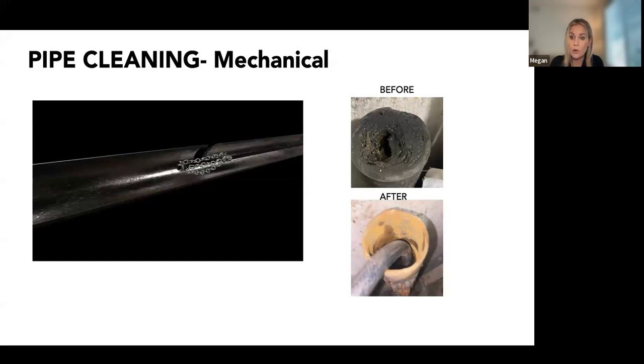The other thing I will say that we've seen a lot of times is the pipes will be cleared using a snake. And that's a great temporary solution if you're having a backup. But a lot of times you're just pushing it further downstream on that pipe system.